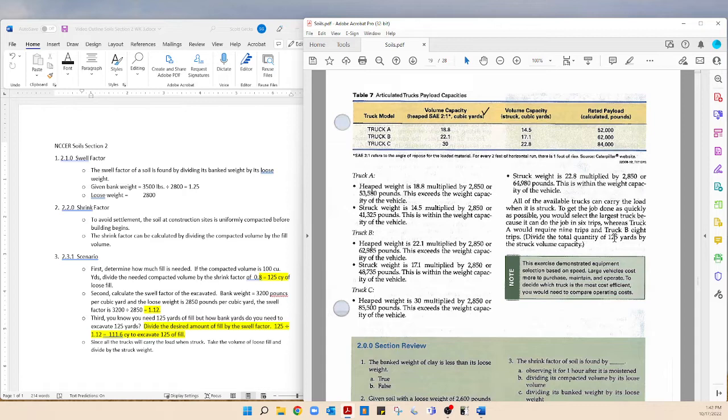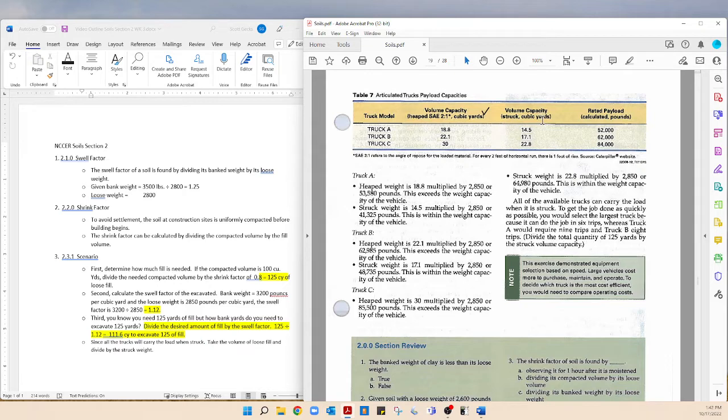Divide the total quantity that you need, 125 yards, by the struck volume. If I confused you, I'm sorry, but you will figure this out. All you need to know is you're using this as the weight per cubic yard. So remember, you will be using this volume.